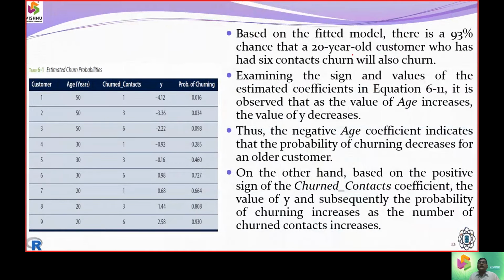So you can see here there are 93% chances for the 20-year-old guy, because the probability is very high. So it is 0.9, that is almost 1, and the y values are 2, 1.4, 0.68.